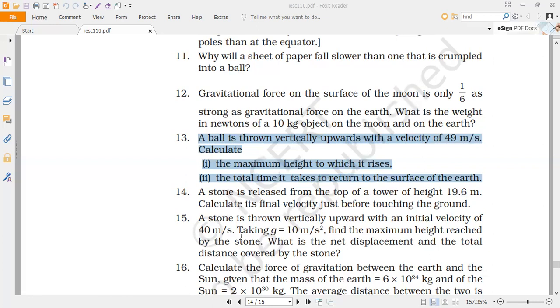So it is going opposite to gravity. Gravity is in this direction, the ball is going like this. So that is why the G value is considered as minus 9.8 meter per second square.